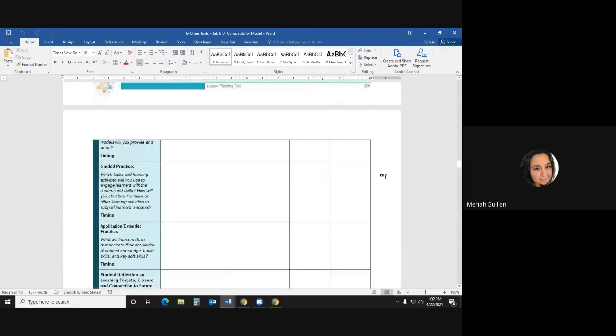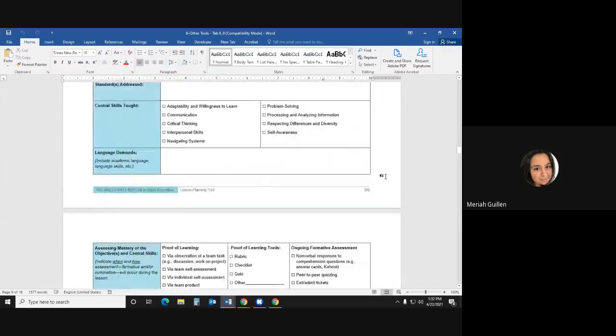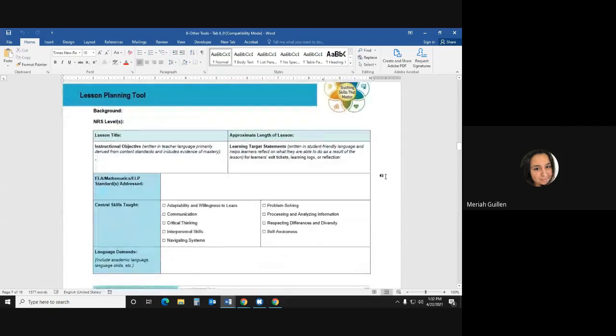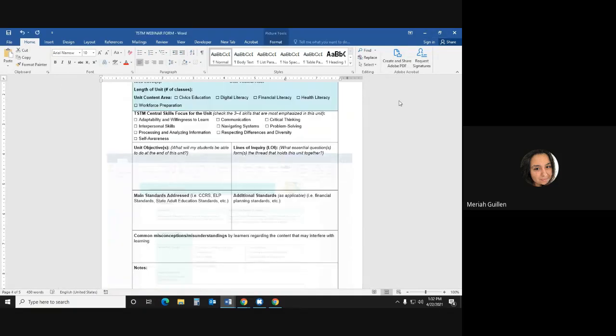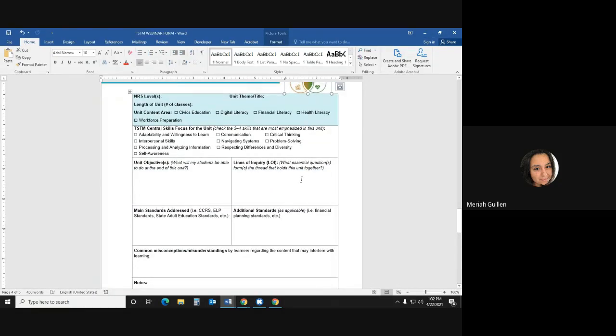And I have used this planning tool. But again, if I just start right here, I pretty much get lost, and I always use this as my directional pre-lesson planning tool to kind of give me an idea of where I want to go with it.